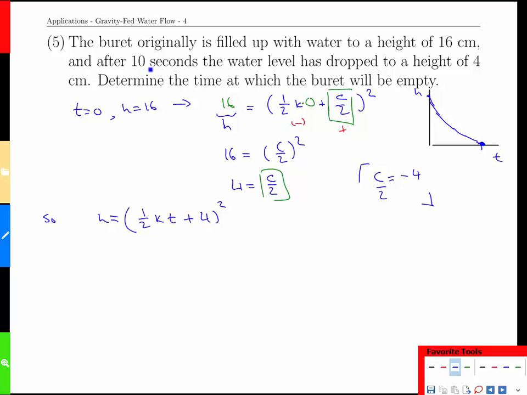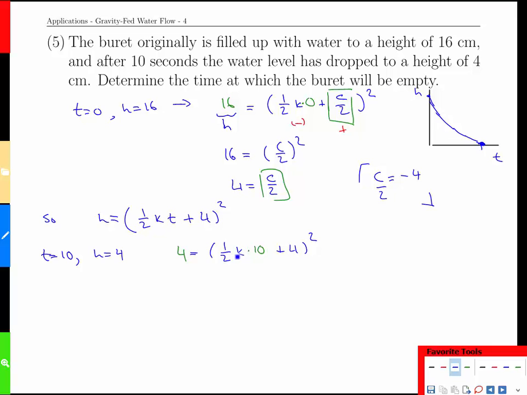Next, after 10 seconds, so at t equals 10, the water level has dropped to a height of 4 centimeters. So h equals 4. We can take that and put that information into our solution again, and h is 4, so there's our 4, equals (1/2 k, t is now 10, and plus 4 again here) squared.